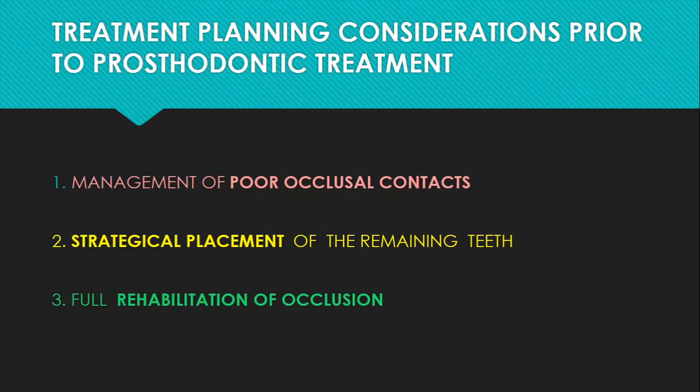So therefore, when you plan for prosthodontic treatment and you plan to involve fixing the occlusion first, that's where the orthodontics comes in, wherein you manage and fix the poor occlusal contacts, you do some strategic placement of the remaining teeth, and once you do so, proceed to your full mouth rehab.